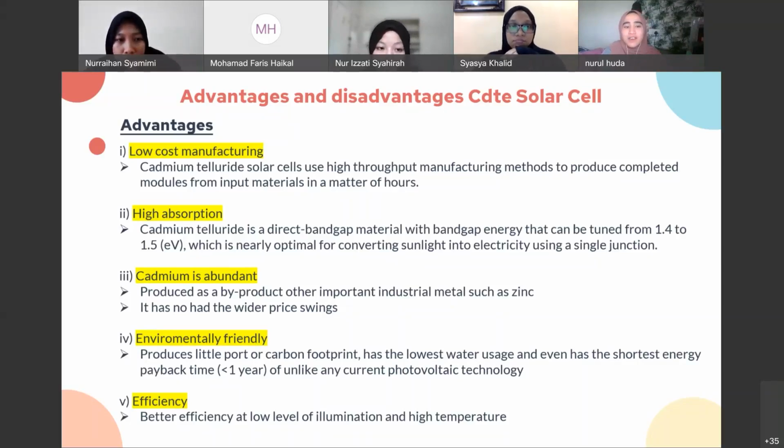The fourth is that cadmium telluride solar cells are environmentally friendly, because they have a small carbon footprint, the lowest water usage, and even the shortest energy payback, which is less than 1 year, unlike any current photovoltaic technology. The last is efficiency: they have better efficiency at low levels of illumination and high temperature. Next.